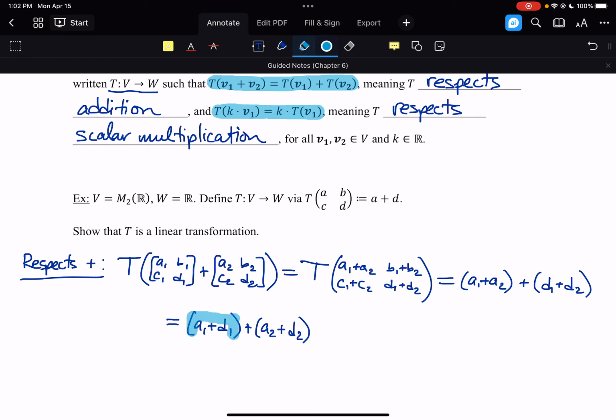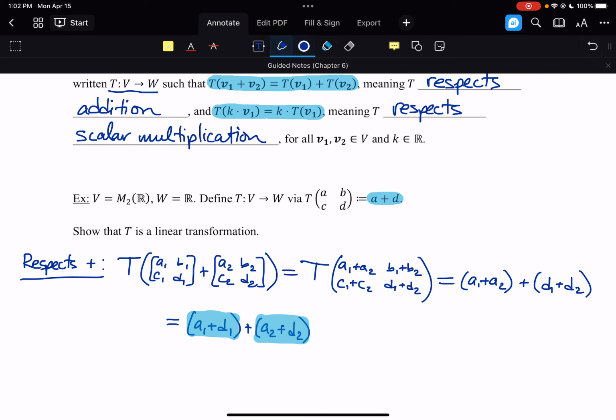But A1 plus D1 would be the transformed value of A1, B1, C1, D1, which is this first matrix, and this would be the transformed value for the second matrix.